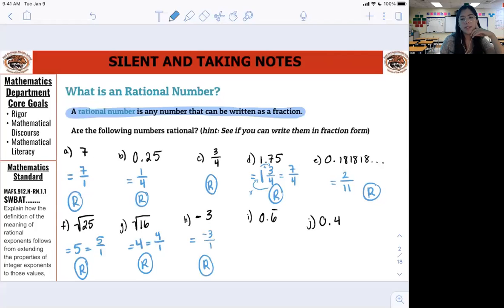How about 0.6666666 with a bar on top of the 6? Remember that bar is the repetition bar. Is it 2/3?